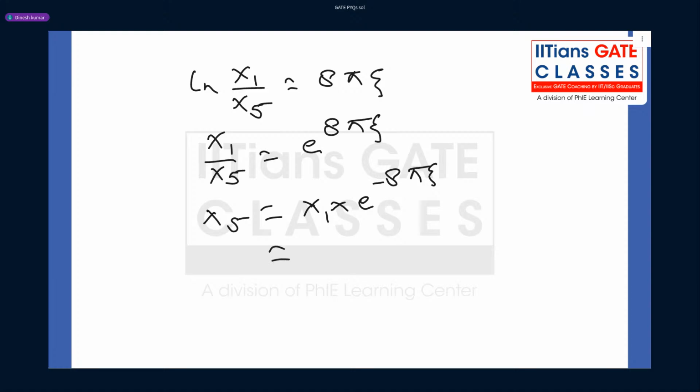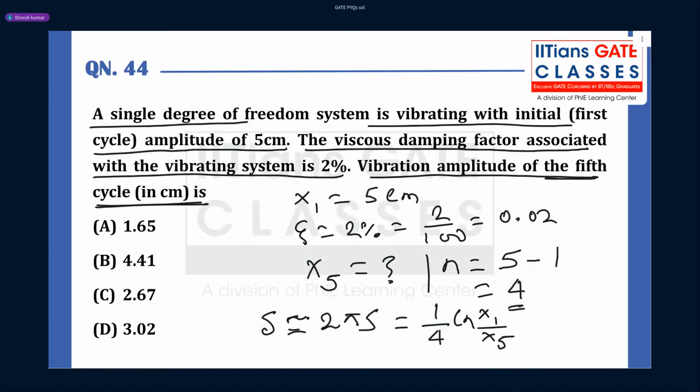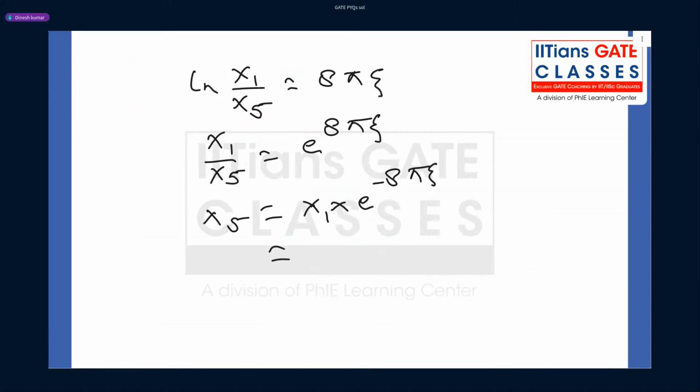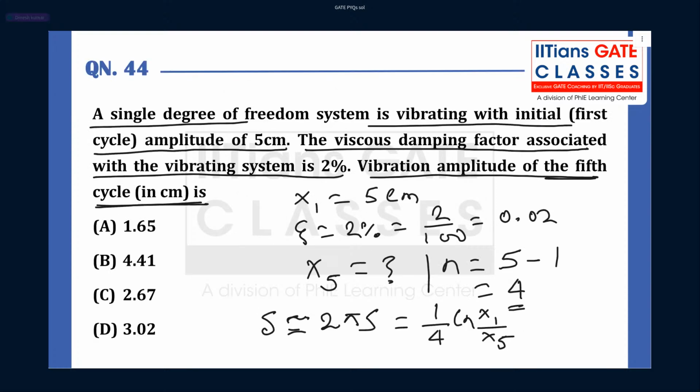Now what is x1 given? It is 5 centimeter. Okay, e power minus 8 pi into zeta, zeta is how much? It is 0.02, right? So everything is known.